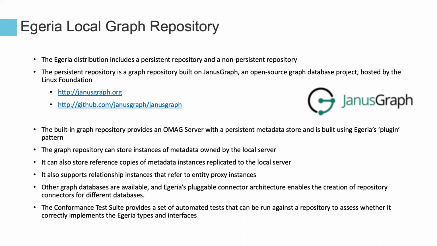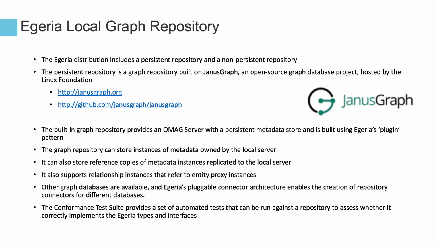Obviously, while we're fans of Janus Graph, it's not the only graph database available. Others are available. And it would actually be quite straightforward to create repository connectors for different databases. I mentioned just now that we could, for example, include a relational or a column-oriented repository. Also within the graph space, if we wanted to, we could create a repository connector for any other graph database, and there are plenty of them.